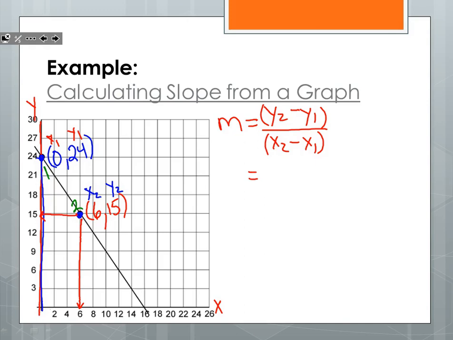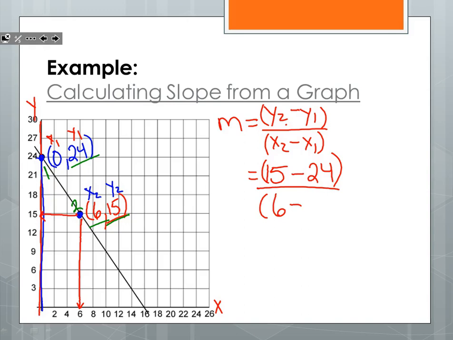So my y sub 2, look back over, let's do a different color, let's do our green. Y sub 2 is 15. I'm going to bring down my subtraction sign. Y sub 1 is going to be subtracted, 24. Put those in parentheses because those have to be done first. And then look at my x sub 2, and it says my x sub 2 is 6.